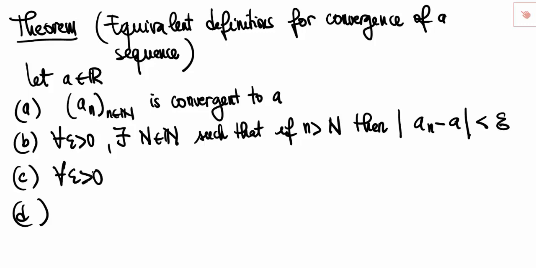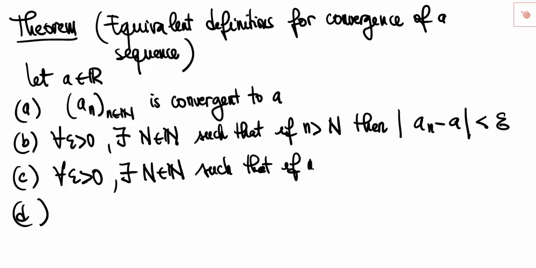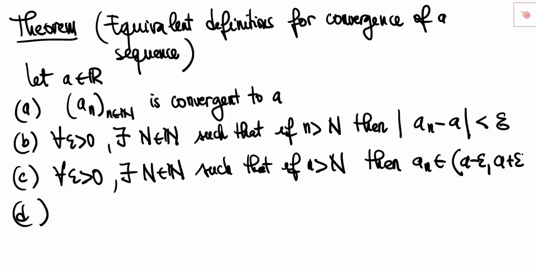For every epsilon which is greater than 0, there exists some natural number N such that if little n is bigger than capital N, then AN is in the neighborhood A minus epsilon, A plus epsilon. It's in this open set.